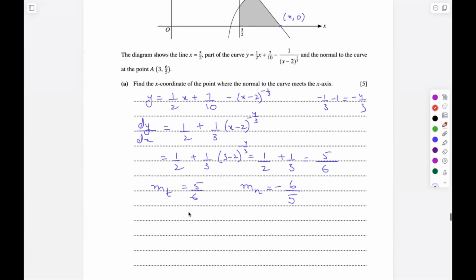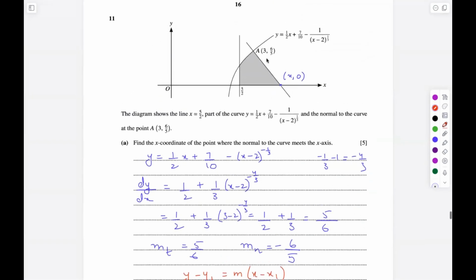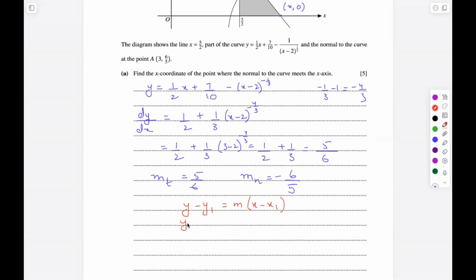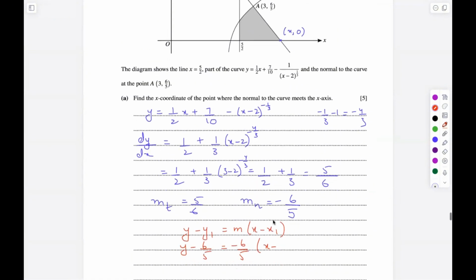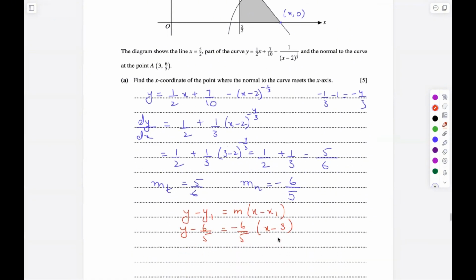Now forming the equation of the normal, using the formula y − y1 = m(x − x1). The y1 value will be 6/5. So we'll write y − 6/5 = −6/5 into (x − 3), where the x1 value is 3.